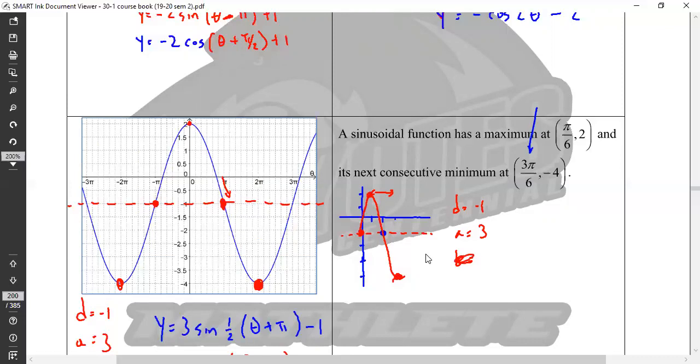Let's look at that first. Period is going to be equal to 2 times the difference between those 2 points: 3 pi over 6 minus 1 pi over 6. It's 2 pi over 6, times 2 is 4 pi over 6.